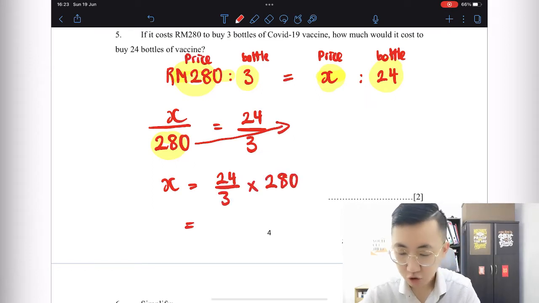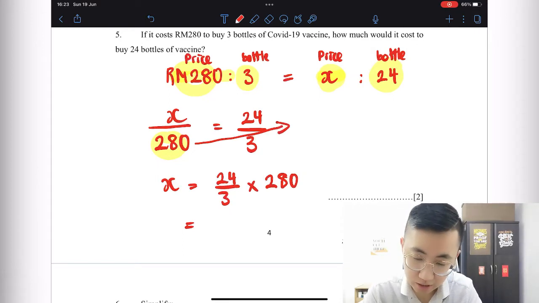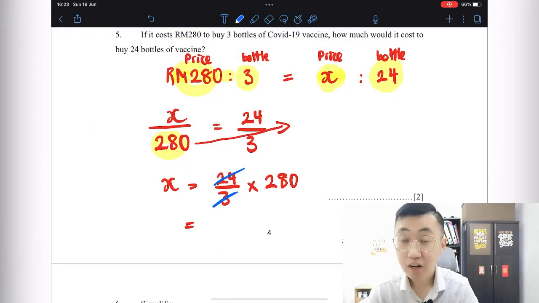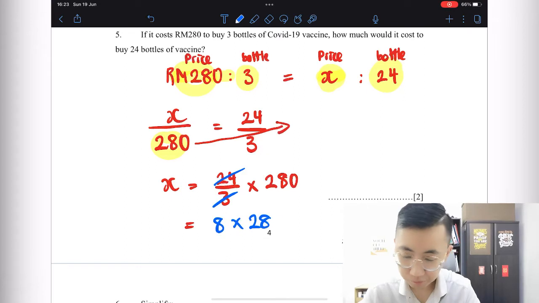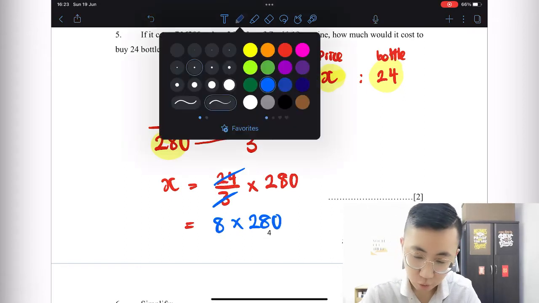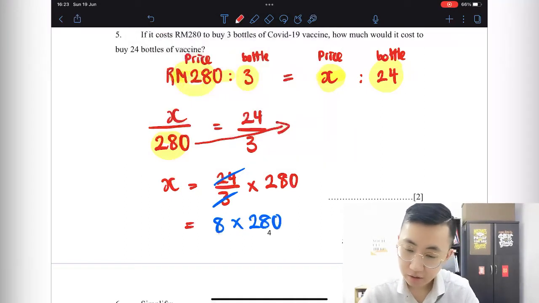Okay, so try to make your life as simple as possible by doing simplification. So 24 and 3 can simplify. This is actually getting you 8. Okay, so let us write 8 multiply with 280. So I will just have to do this multiplication. Alright, so we are going to do the working over here, not enough place.